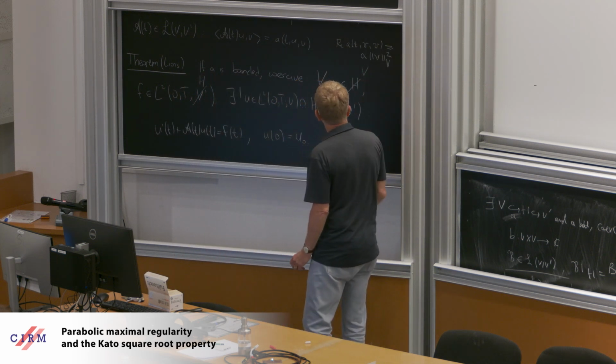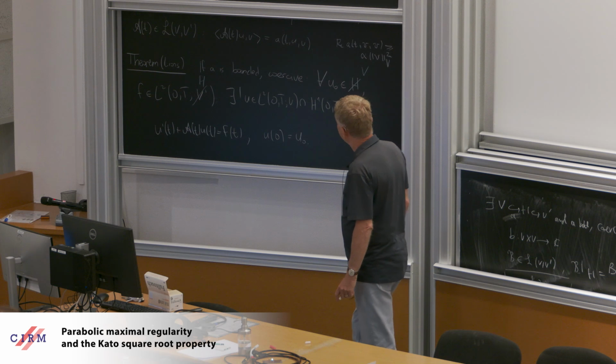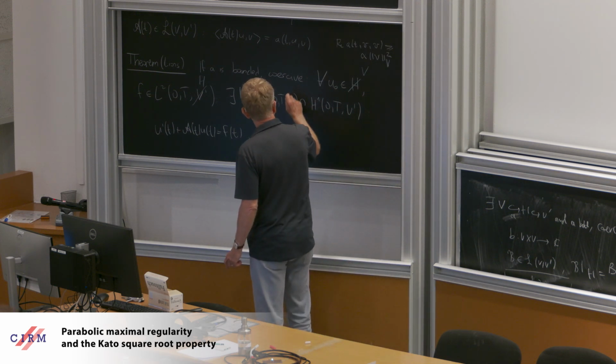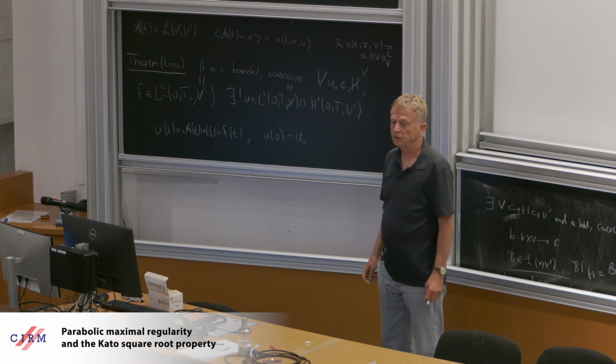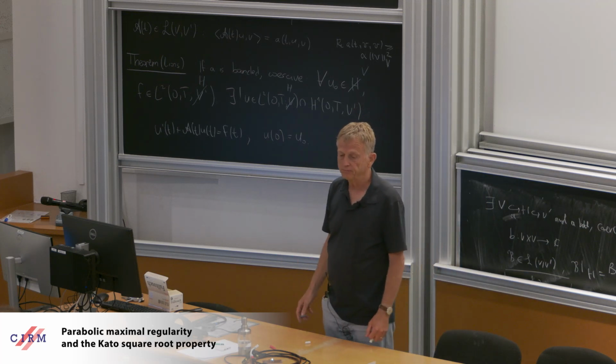Lions' problem is: what is happening if our f has its values in H, and also let's take u0 in V? Then there is the question, do we find a solution with values in H?